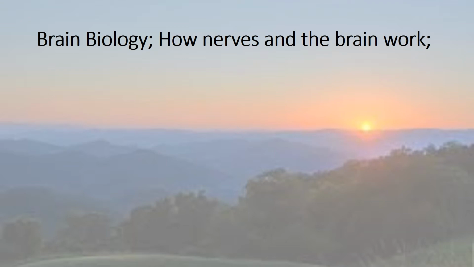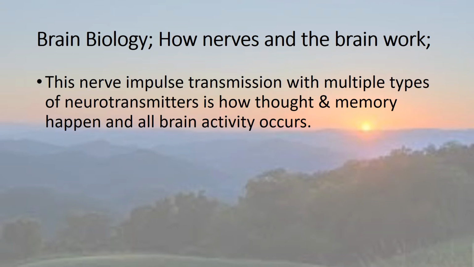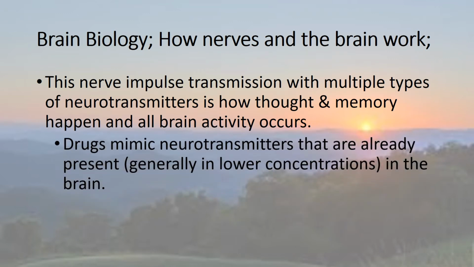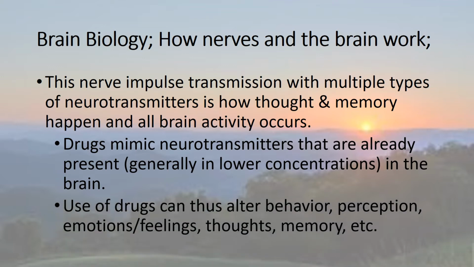Nerve impulse transmission with multiple types of neurotransmitters is how thought and memory happen and all brain activity occurs. Drugs mimic neurotransmitters that are already present, generally in much lower concentrations, in the brain. Use of drugs can thus alter behavior, perception, emotions, feelings, thoughts, memory, etc.